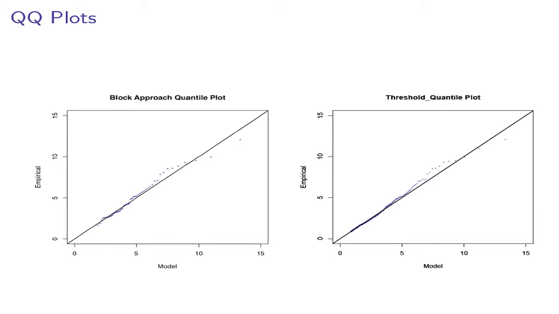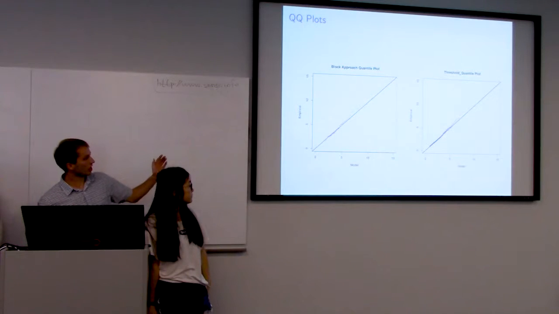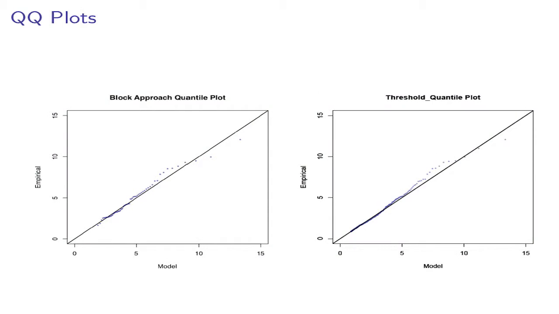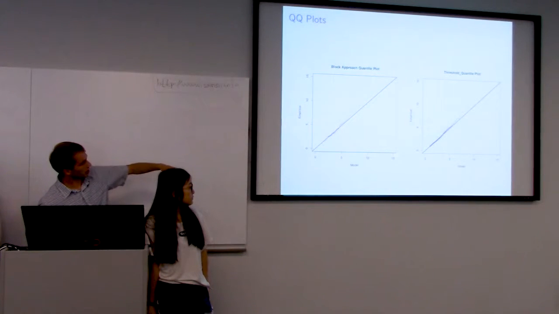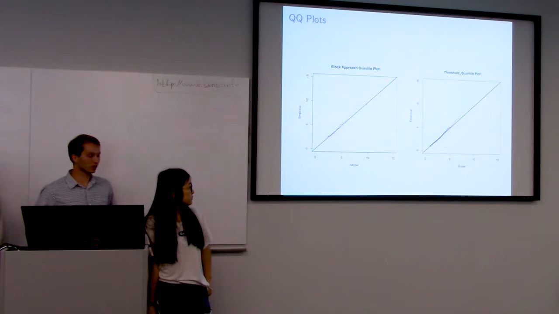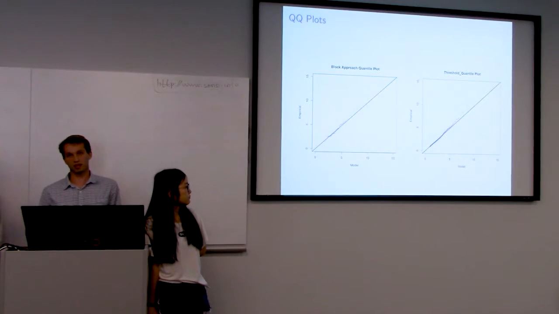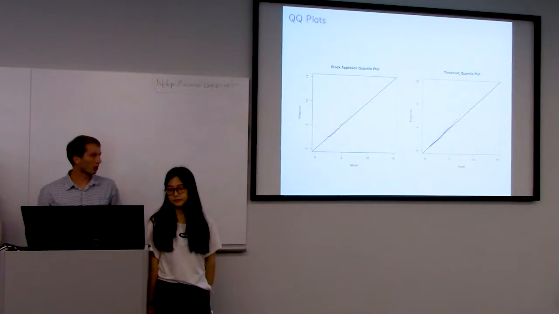We sort both the empirical data and the fitted values, and on the x-axis we have the sorted fitted values, and on the y-axis we have the empirical data, and we're just lining them up. If you have an identity function, something like y equals x, those values are fitting pretty ideally. This is sort of a crude way to analyze if we fitted it well.